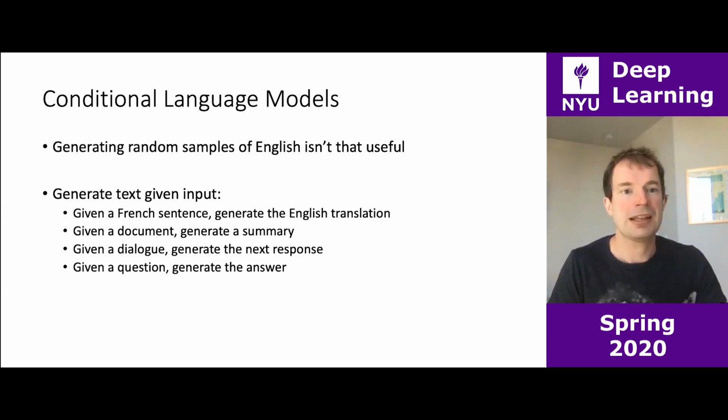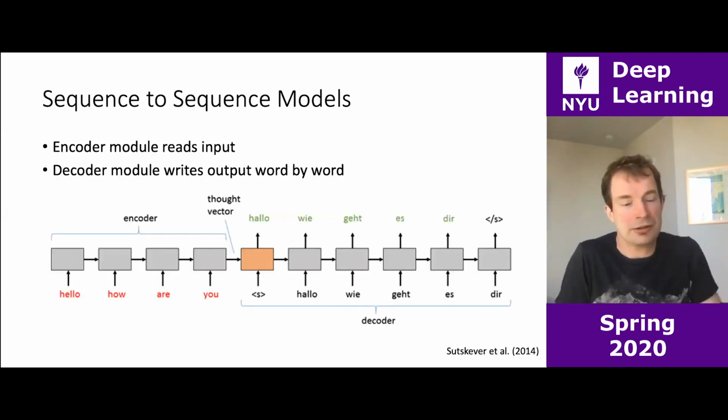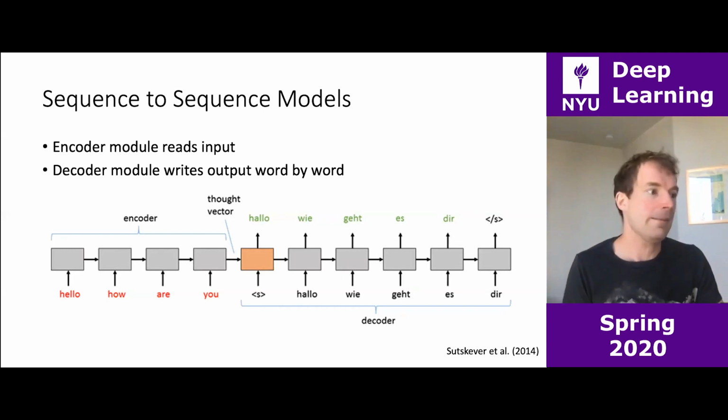For example, given a French sentence, translate it into English, or given a document, generate a summary, or given a dialogue, generate the next response, or even given a question, output the answer. These I call sequence models, because you're given some input sequence, and then you have to generate some output sequence.